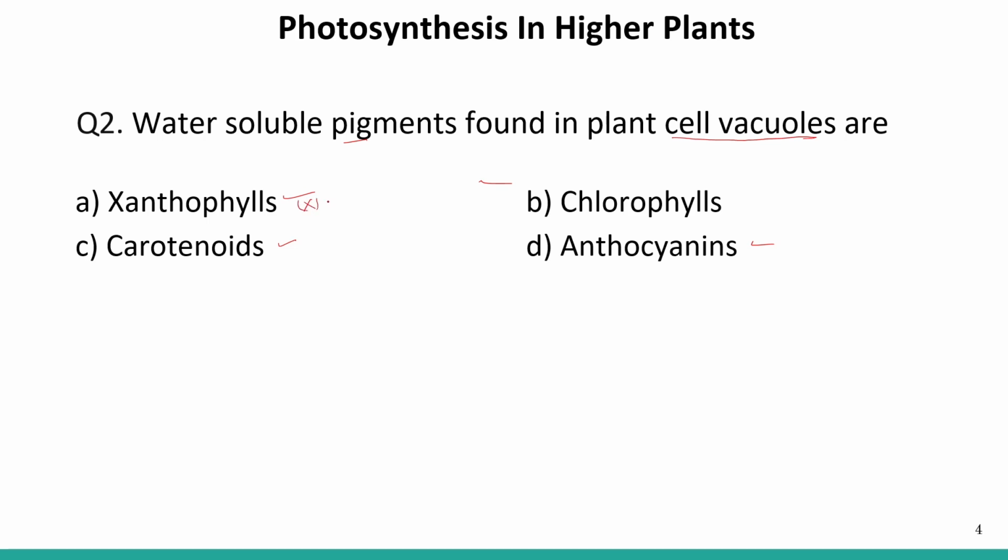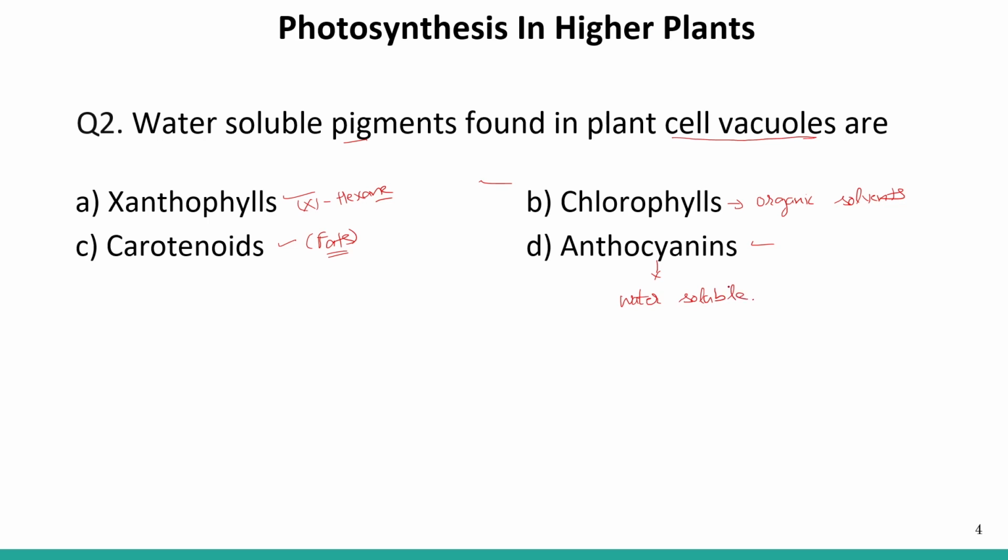Xanthophylls are soluble in compounds like hexane. Chlorophylls are not soluble in water, but they are soluble in organic solvents. Again, carotenoids can be dissolved in fats, and then we are left with anthocyanin. So anthocyanins are what? They are water soluble.